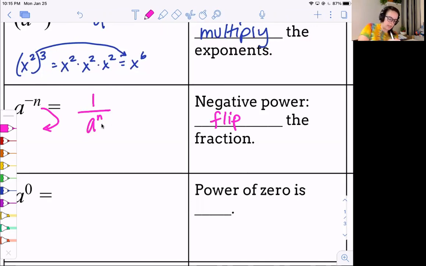If it was already negative on the bottom, so if we had 1 over x to the negative 4th, then it would be moving up to the top and it would simplify as x to the power of positive 4, right? So the negative basically just lets the numerator become the denominator, or whatever's in the denominator move into the numerator.